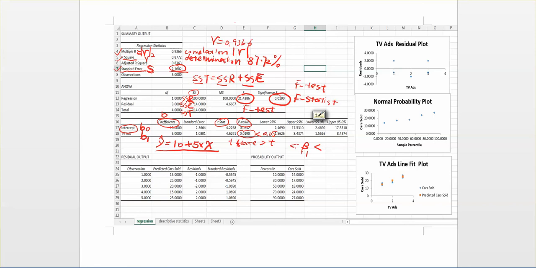So the confidence interval for our slope is between 1.56 and 8.4374. Since 0 is not included in this interval, we know the slope is significantly different from 0.